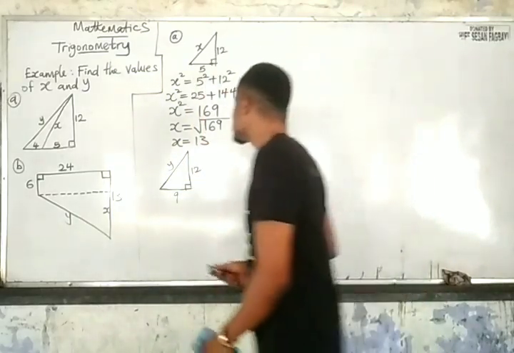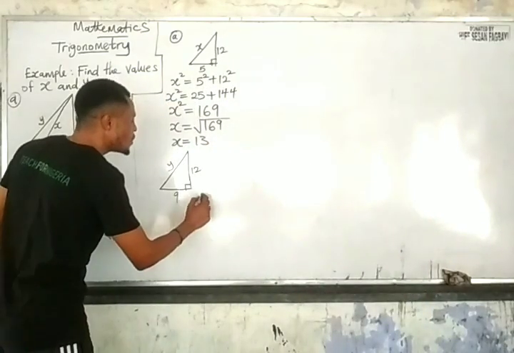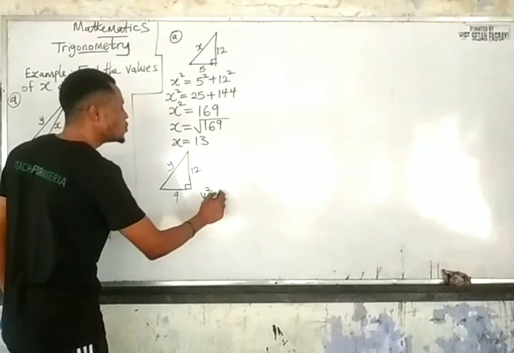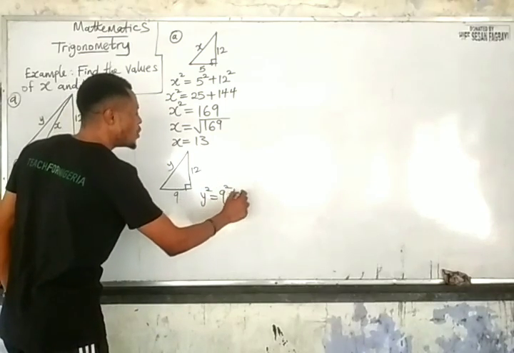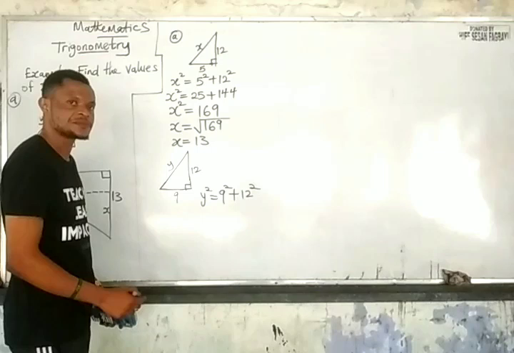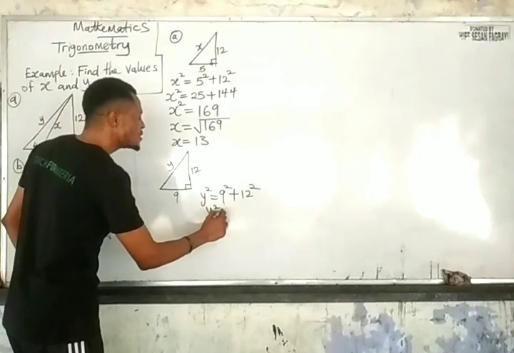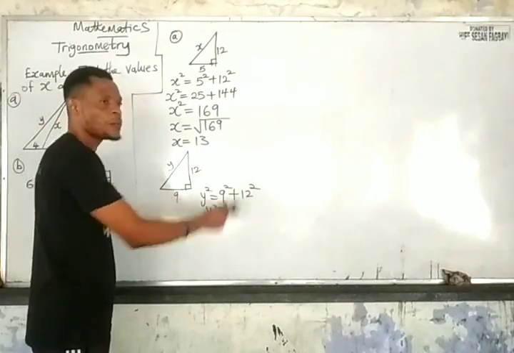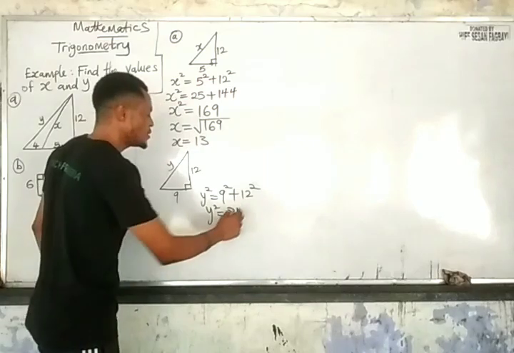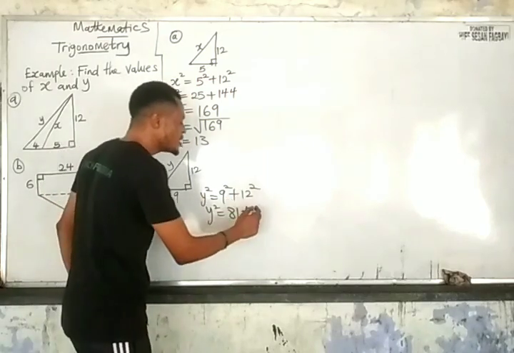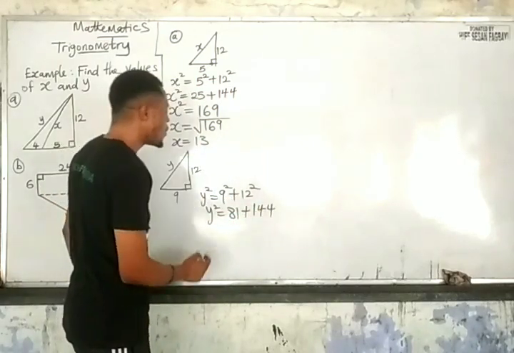So that results in y squared equal to 9 squared plus 12 squared. So y squared is going to give us 9 raised to power 2, we have 81, plus 12 squared again, we have 144.